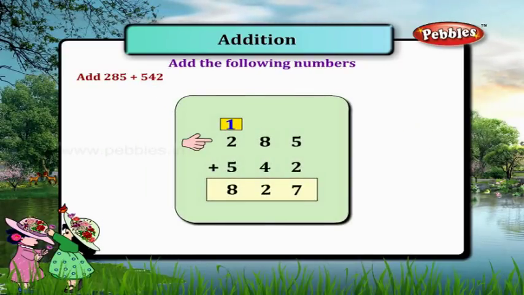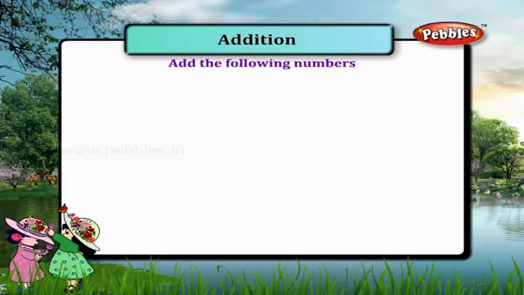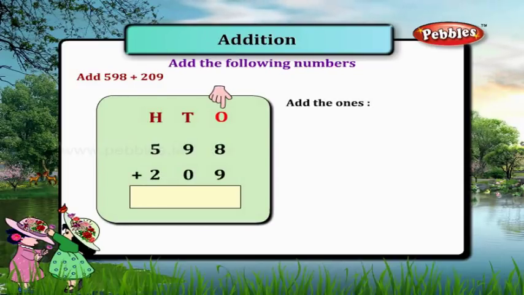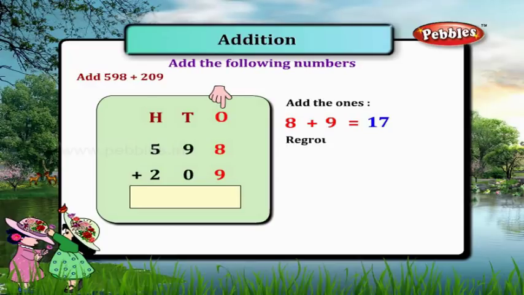Write 8 in the hundreds column. So by adding 285 to 542, we get 827. Add 598 to 209. Add the ones. 8 plus 9 is equal to 17. Regroup 17 into 7 ones and 1 ten.